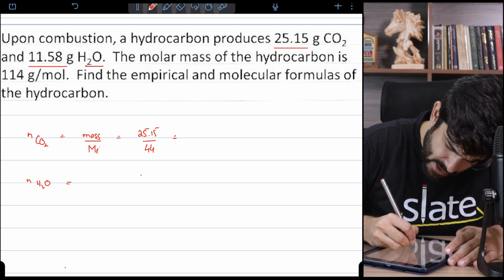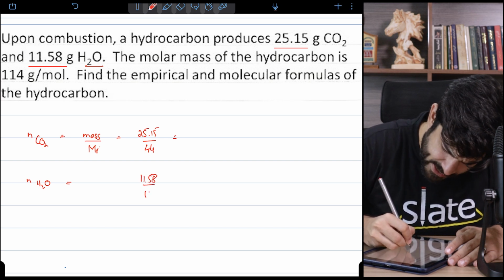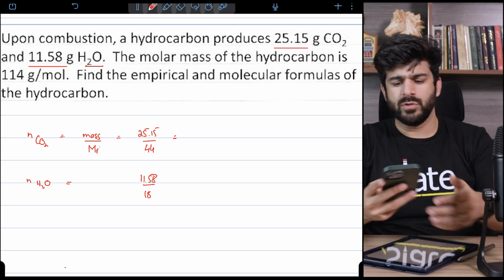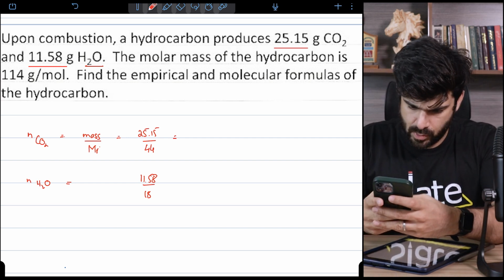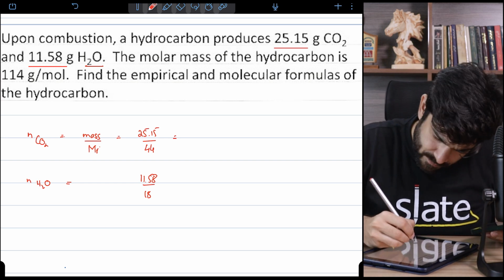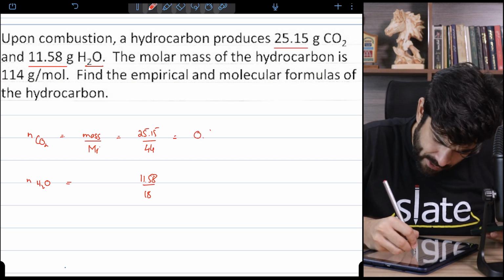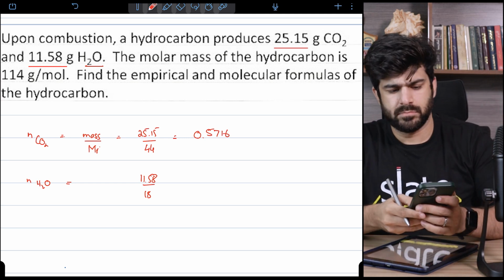and we need the moles of water as well. Again, 11.58 divided by the Mr, which is 18. Let's calculate the values. What do we get here? This one is 0.5716.